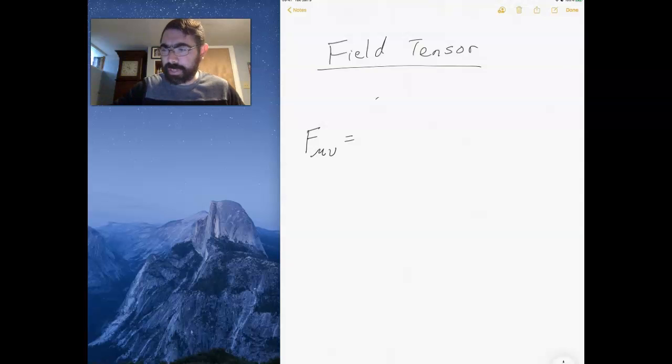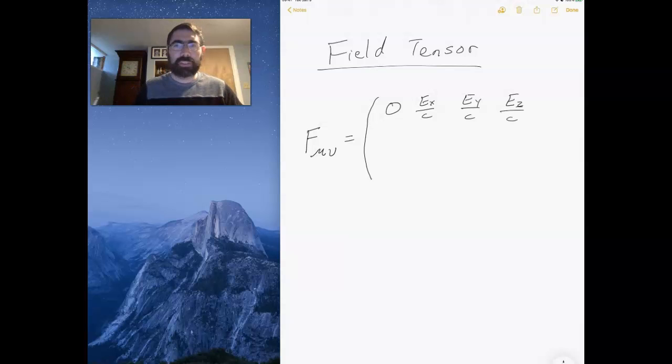And then I'm going to write down this 4x4 matrix as 0, Ex divided by c, Ey divided by c, Ez divided by c. So that's the first row, minus Ex divided by c, minus Ey divided by c, minus Ez divided by c.